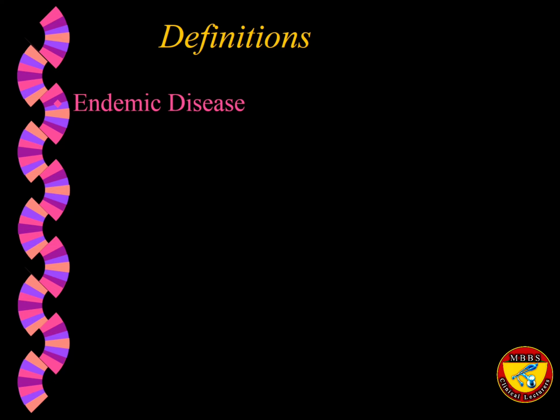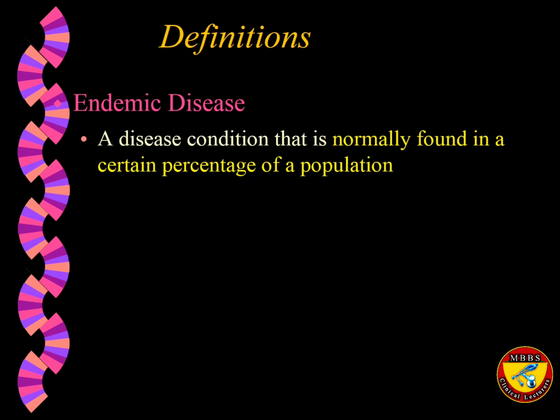Now, there are certain terms used on the basis of occurrence in certain populations. These are called endemic diseases, when a disease condition is normally found in a certain percentage of a population. For example, we know that typhoid, unfortunately, is endemic in our country or in South Asia, and malaria is an endemic disease in our part of the world. These are already occurring in a certain percentage of the population.